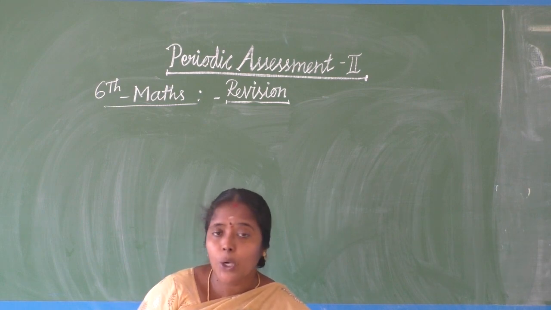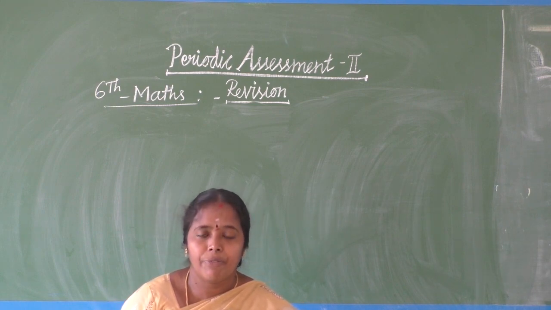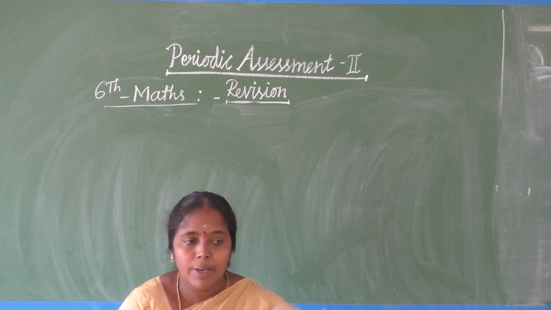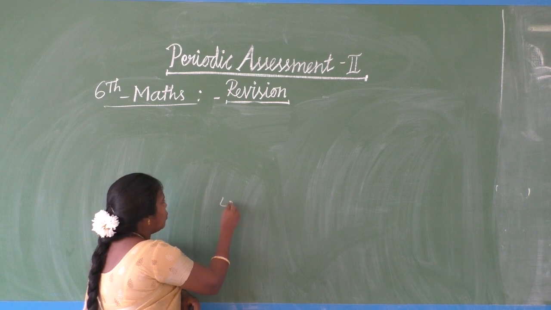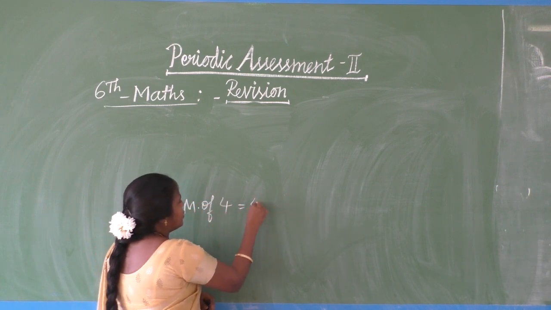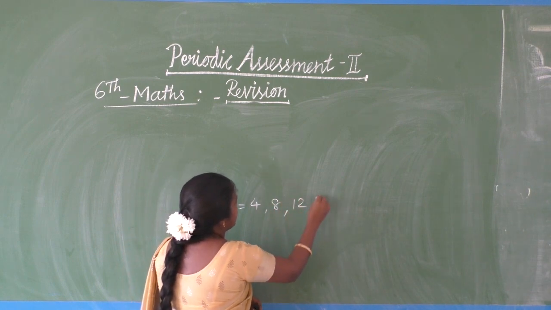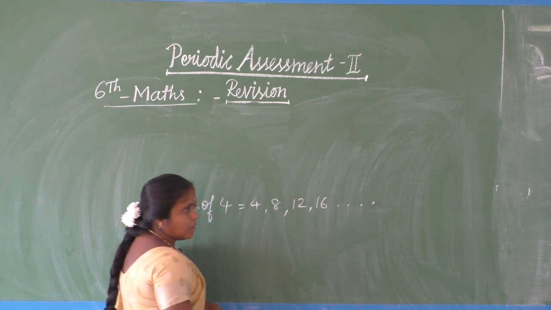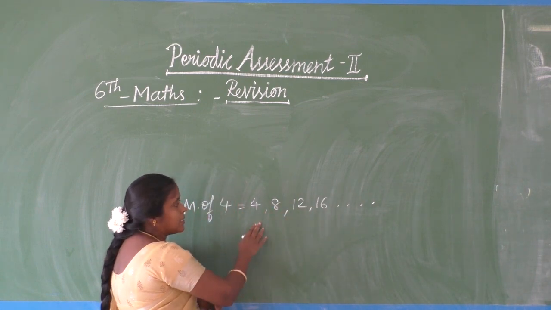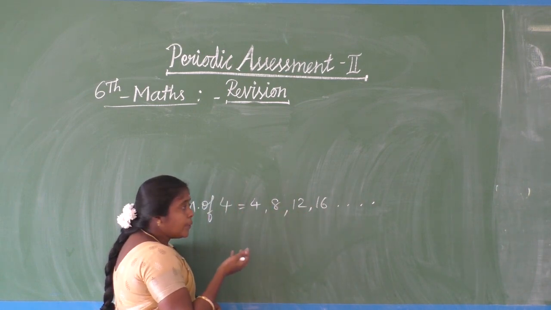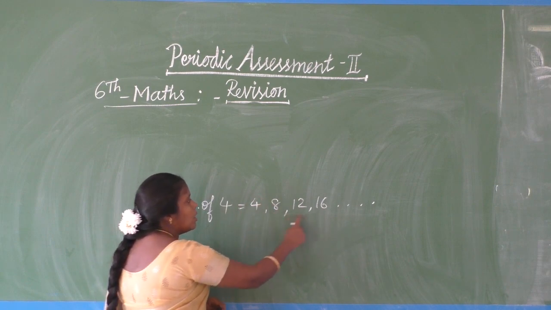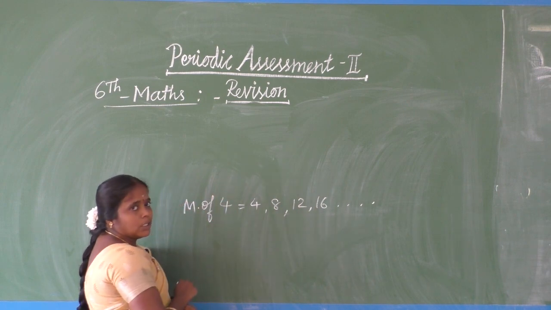Comparing their value, multiples of any number are greater than or equal to that number. For example, multiples of 4 are 4, 8, 12, 16, and so on. Infinite. Multiples are infinite. In value, 4 is equal to 4, but other than 4, all the numbers are more than that number.